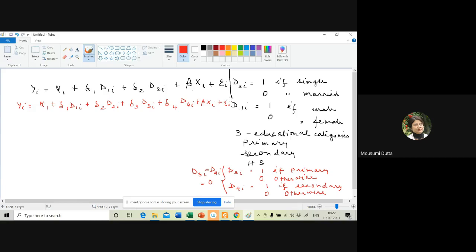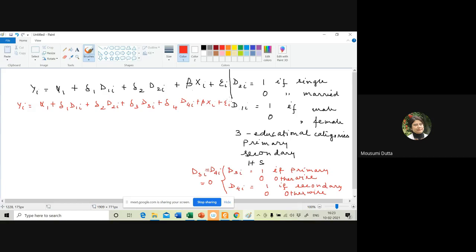And what is that group when all four dummy variables are equal to 0? Married female HS. Yes, married female HS.